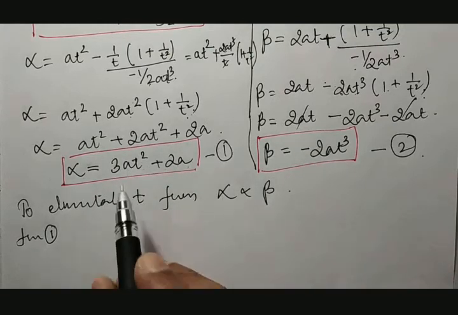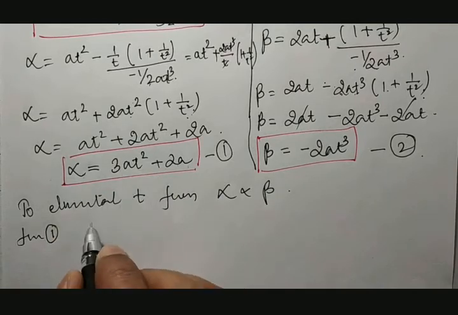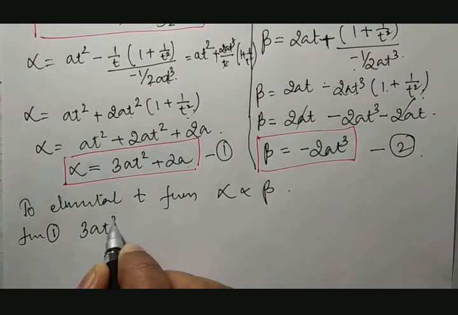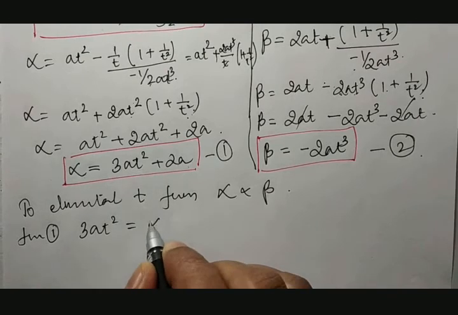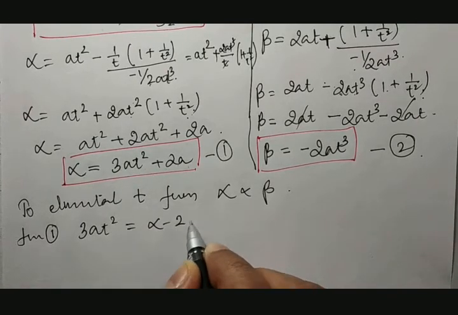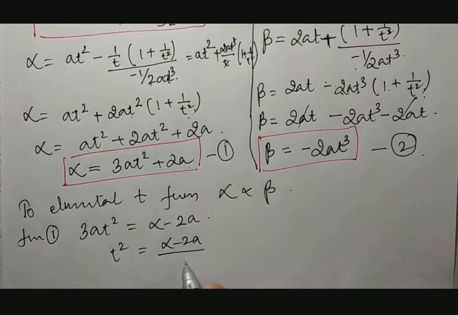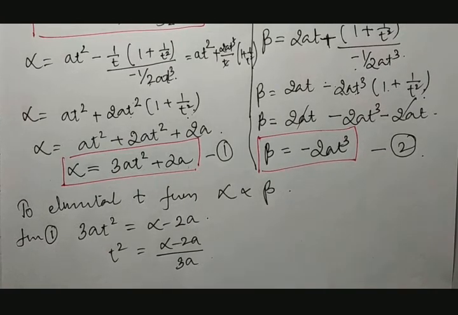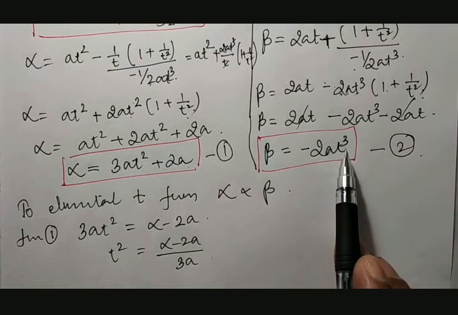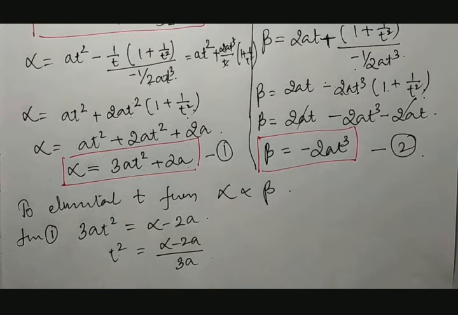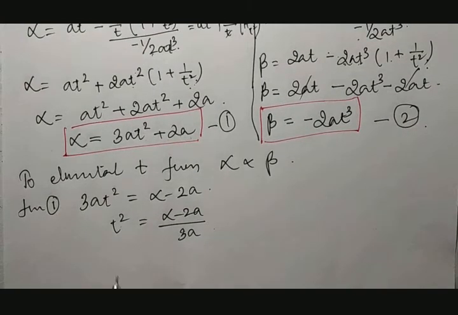Then alpha is equal to this. Therefore 3at square is equal to alpha minus 2a. Therefore t square is equal to alpha minus 2a divided by 3a. Okay. Then here we can see we have t cube. To get t cube, what to do? Apply the power, raising to the power 3 by 2.